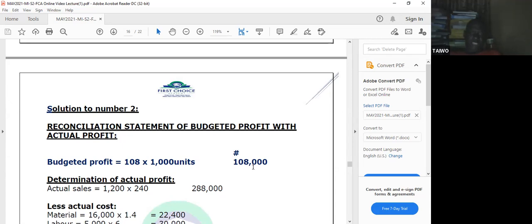Because the difference between the budgeted profit and the actual profit is what brings about all the variances we have computed so far. That difference is what leads to all the material, labor, overhead variances that were computed. Therefore, you must be able to find a yardstick of confirmation. I hope you are getting me now.